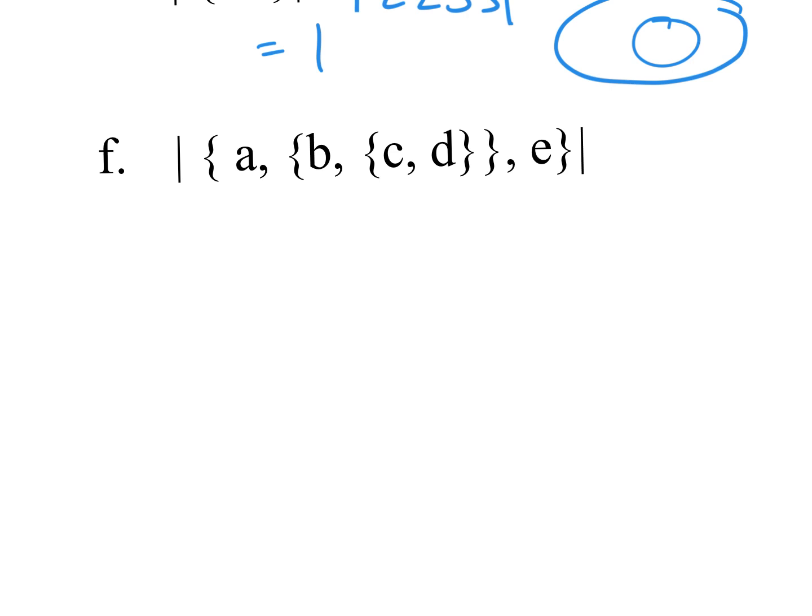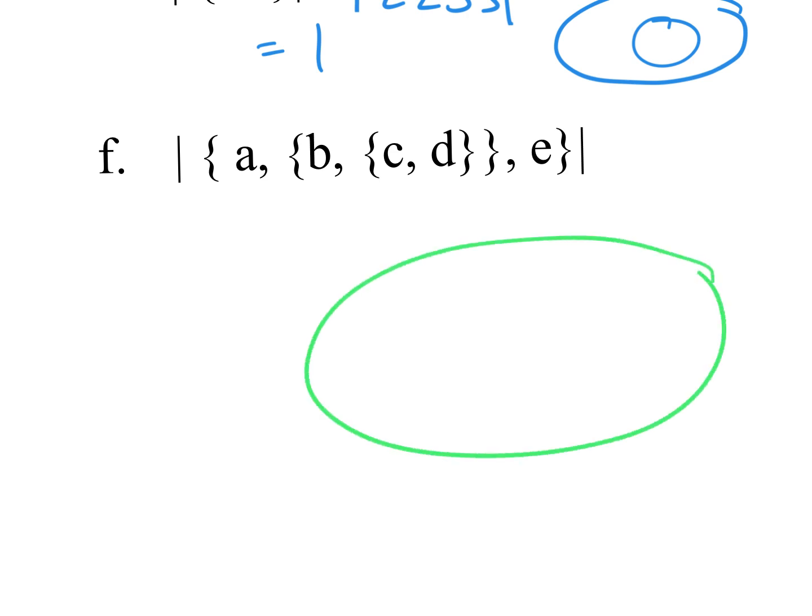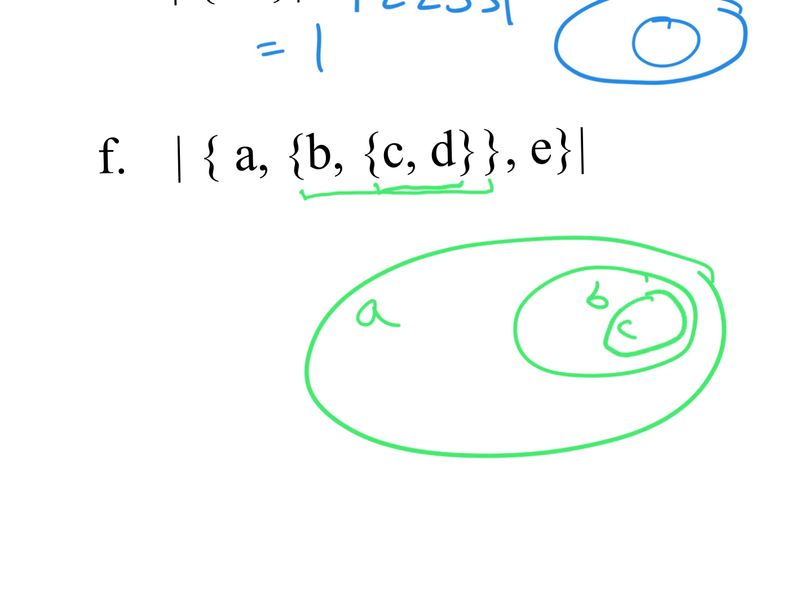So I'm going to do the outer bag. And what's in the outer bag? Well, the first thing is just the letter A, floating around in here. The second thing, well, this is interesting. That is a bag, and inside of that bag there's a B floating around, and then there's another one, which has C and D floating around in it.